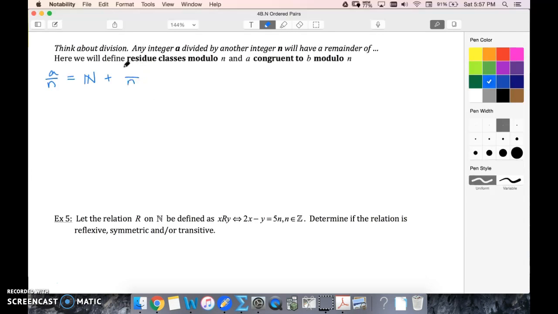That remainder is going to be 0, 1, 2, all the way down to n minus 1. In general, this is how division works.